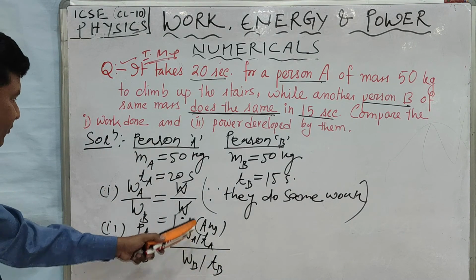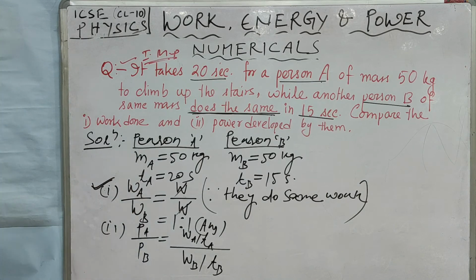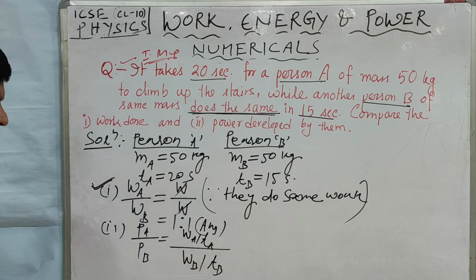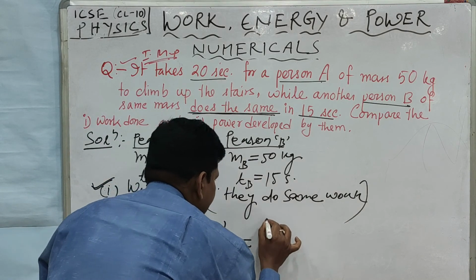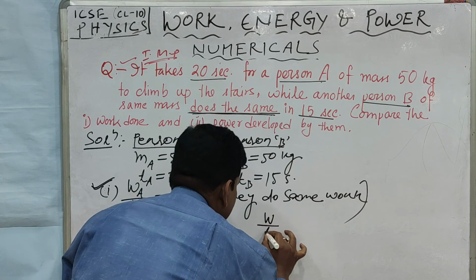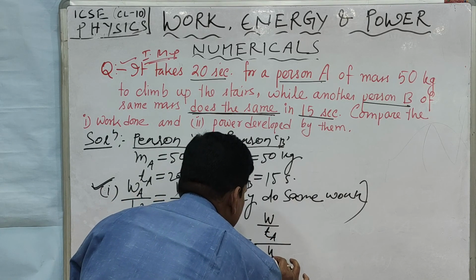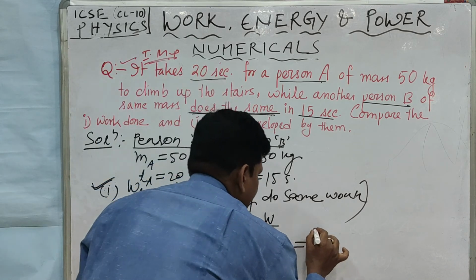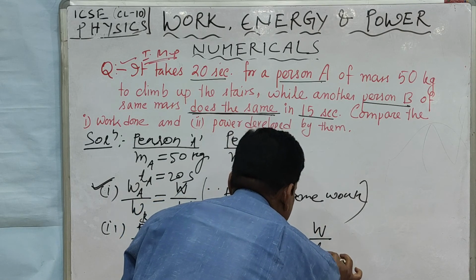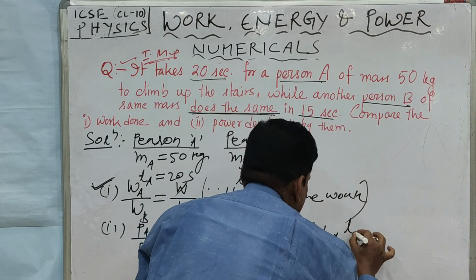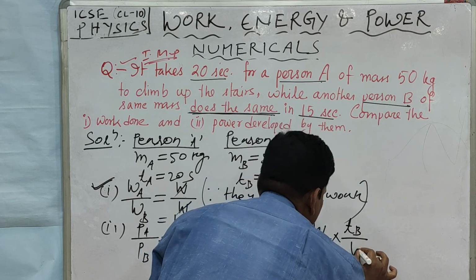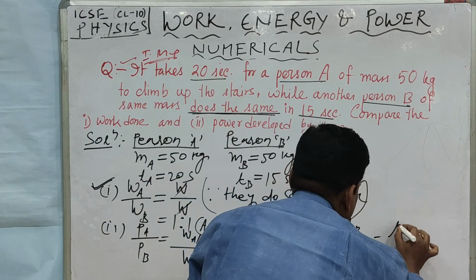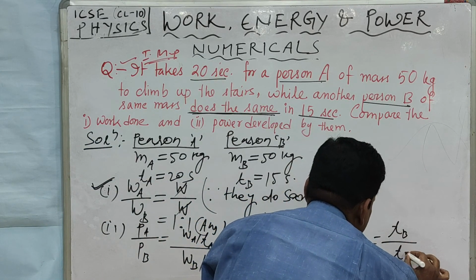Since both are doing the same work, as already done in number 1, in place of WA we can take W. So we can write W divided by TA, whole divided by W divided by TB. That is equal to W divided by TA into TB divided by W. Now W is cancelled. That is equal to TB divided by TA.